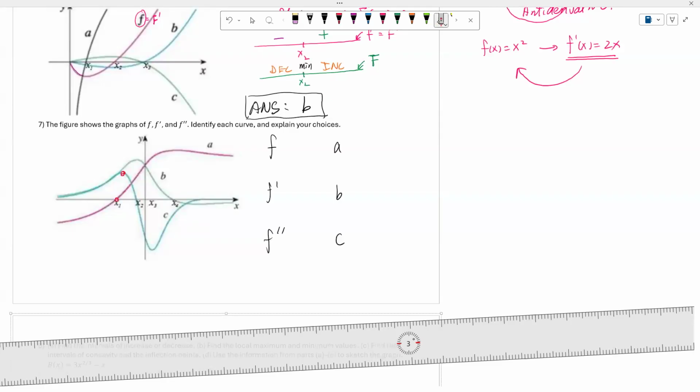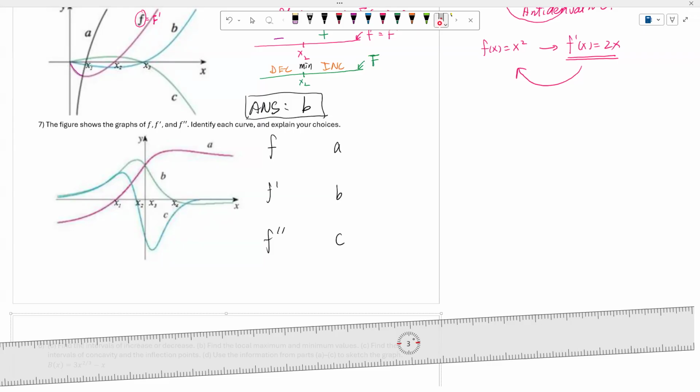It seems that maybe A will be it, actually it's not, because one thing about this is, if this is increasing, then we will have a critical number at x sub 1. But if this is increasing, the derivative must be above the x-axis. So if C is F, then we have nowhere to go.